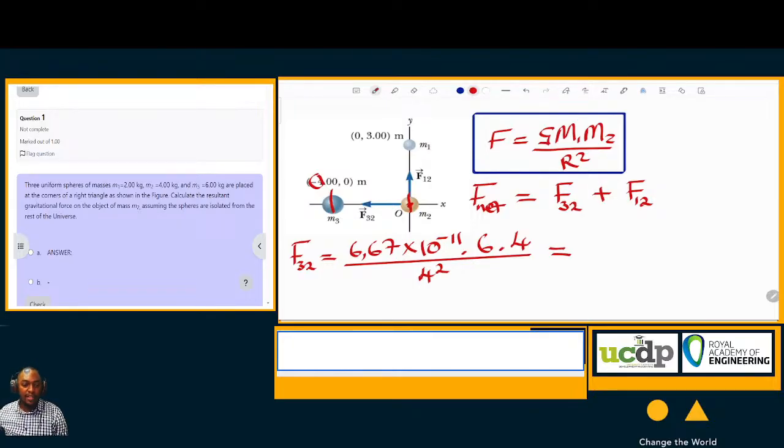Once you've done this, you can punch this in and confirm if we get the same answer. And if at any point you need any clarity, please let me know.